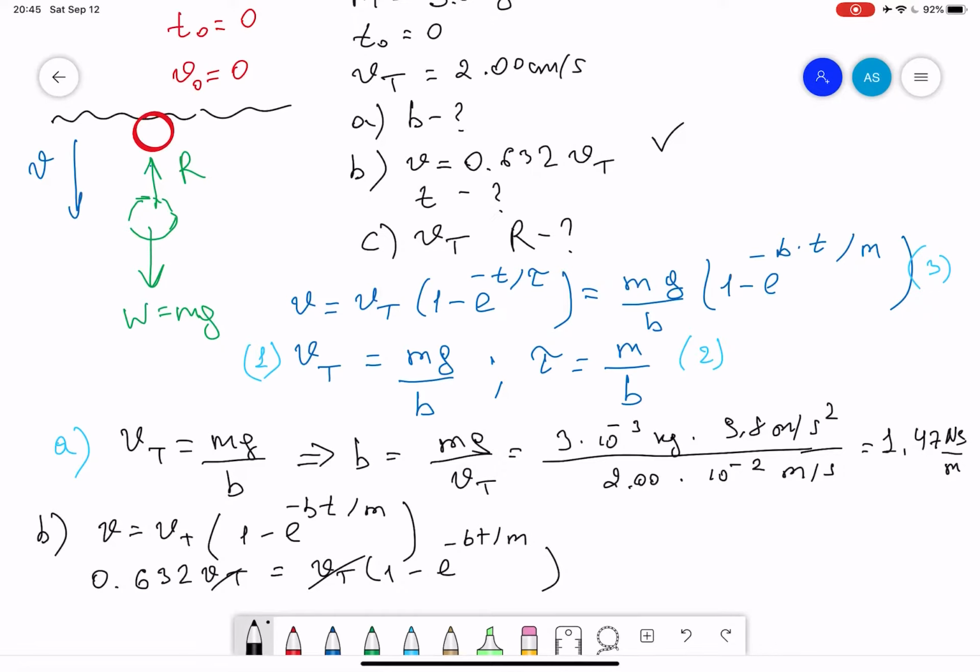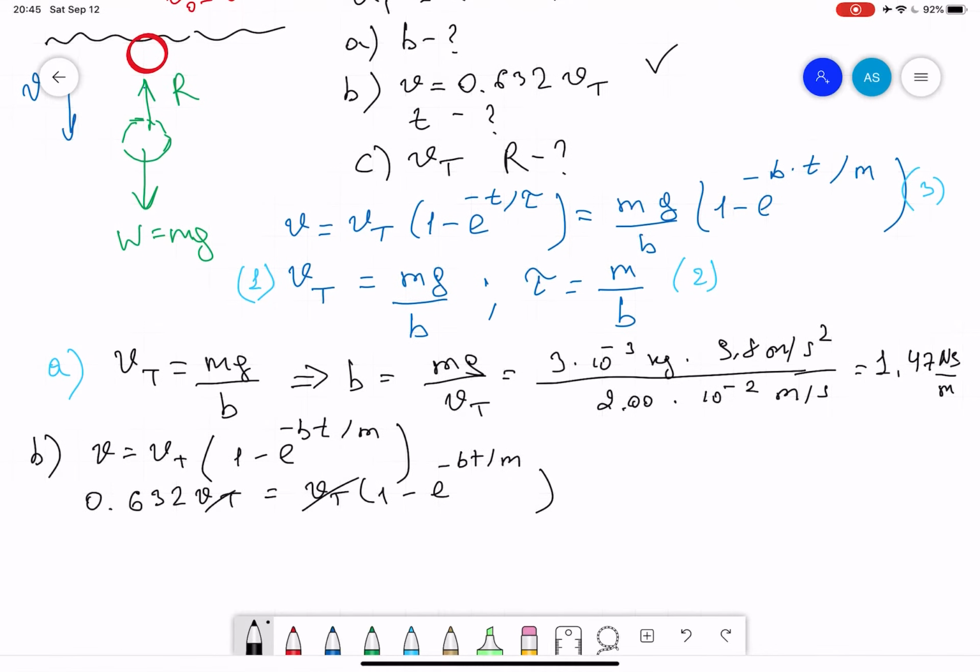After that, we have 0.632 equals 1 minus e to the minus b t over m. Now we have to take the natural logarithm of both sides, which gets rid of e.